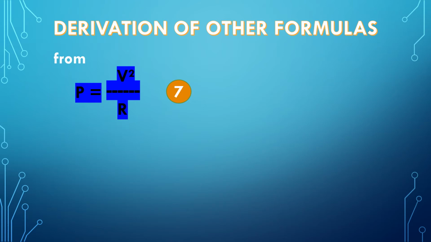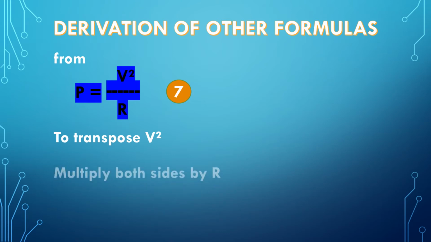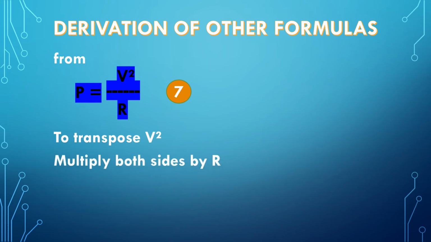From formula number 7, which is P is equal to V squared over R, we want to transpose V squared. So multiply both sides by R. We multiply R to the right side and R to the left side.